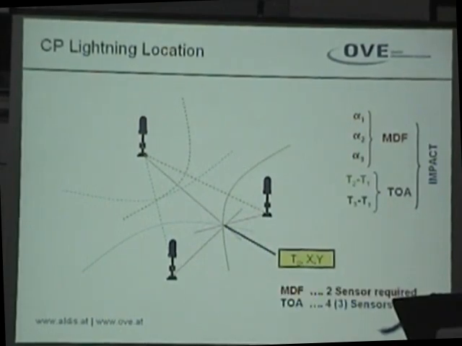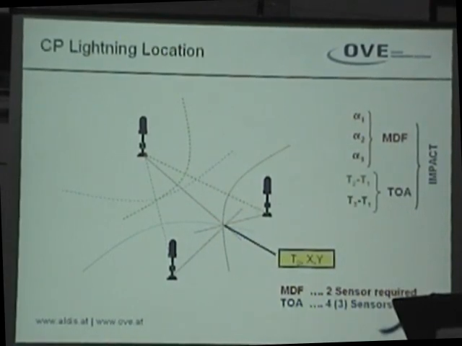What is also important, for the remaining part of the presentation: in magnetic direction finding, if you have only angles, you need only 2 sensors to locate the stroke. It's clear, because if you have 2 directions, they intersect somewhere, and you can calculate the stroke position.